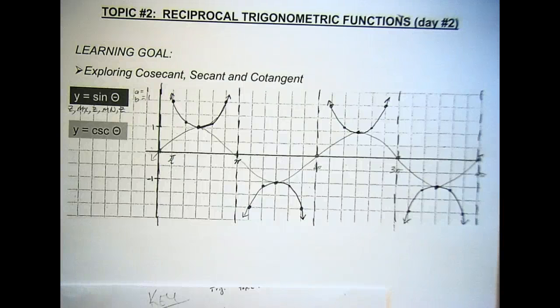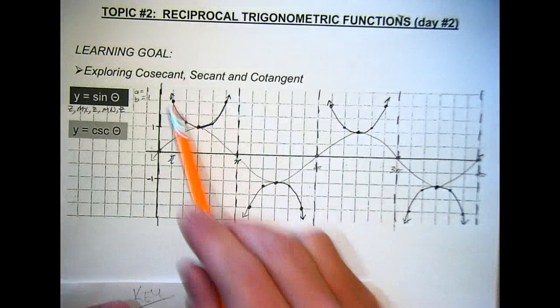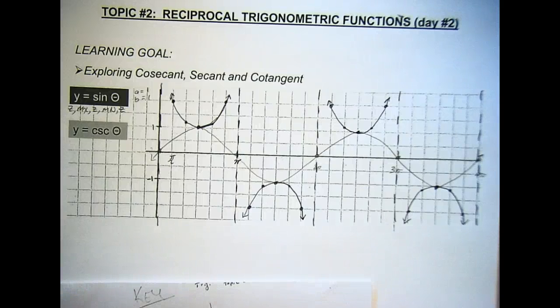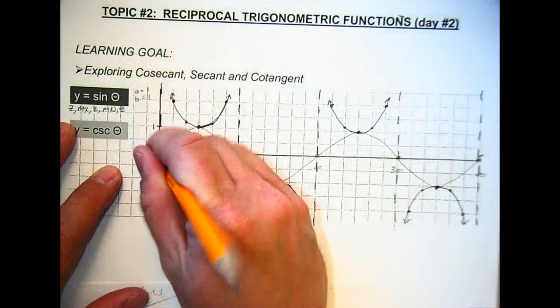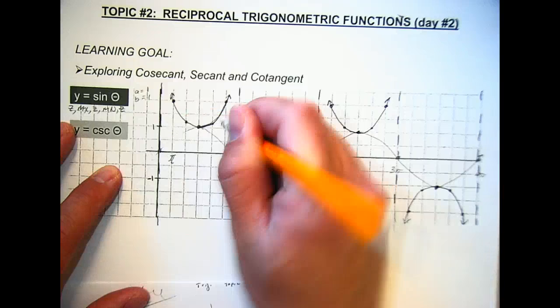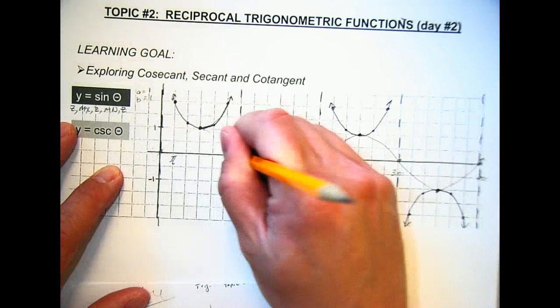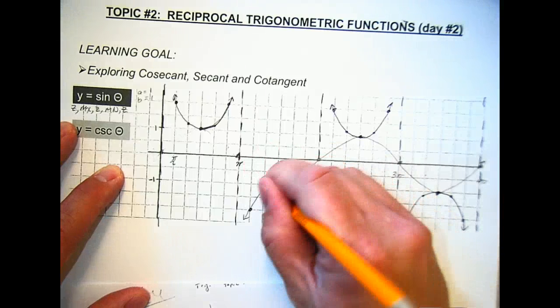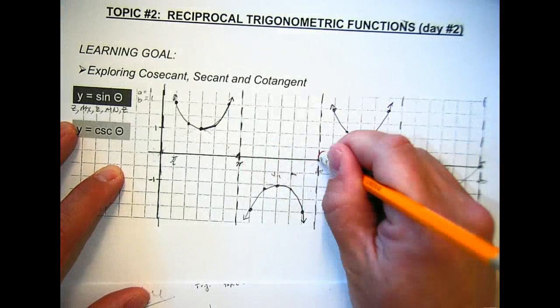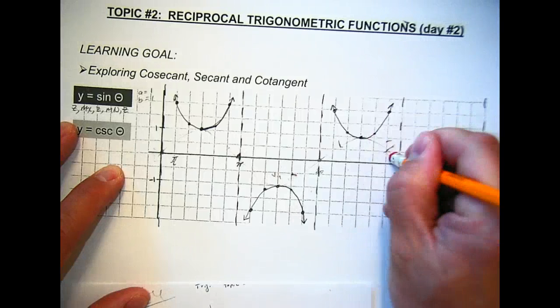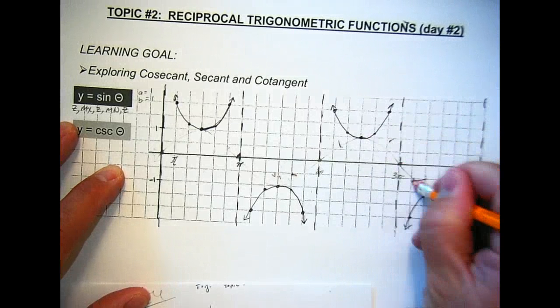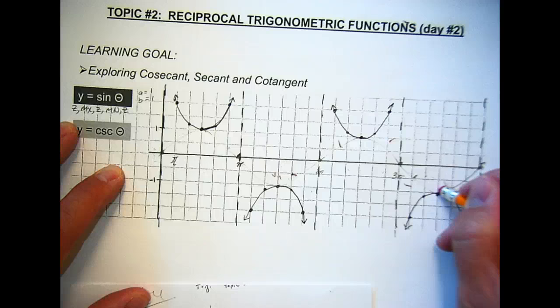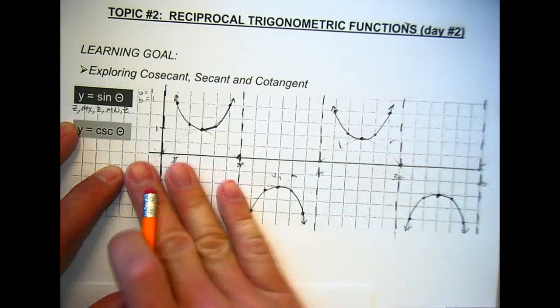Now, the reason I had you get a highlighter out is I'd like you to highlight the actual cosecant graph. Usually when you're graphing cosecant, this sine curve I have in here, you don't leave in there. That's not part of the cosecant graph. That's the sine graph. However, you're using the sine curve to graph cosecant. So the points, the 0, the max, the 0, the min, the 0, those points are very helpful to you.